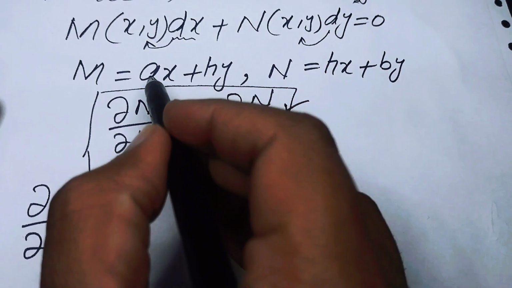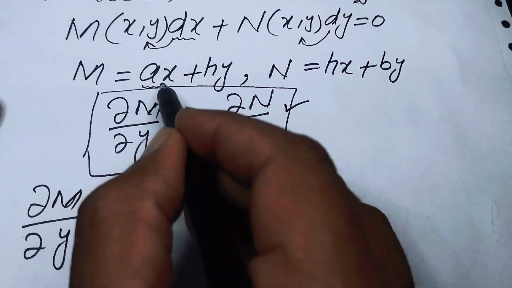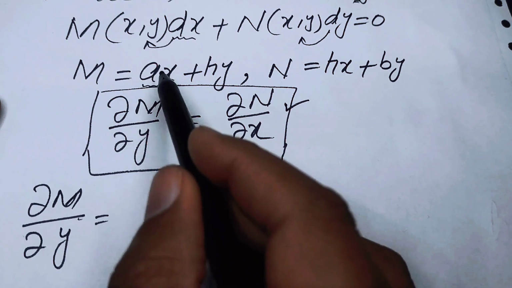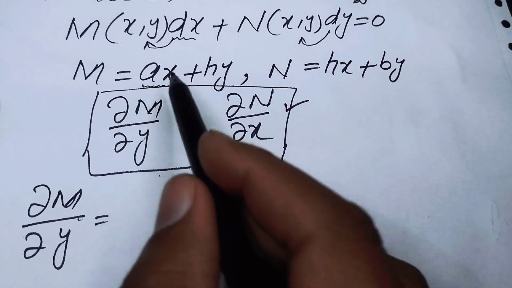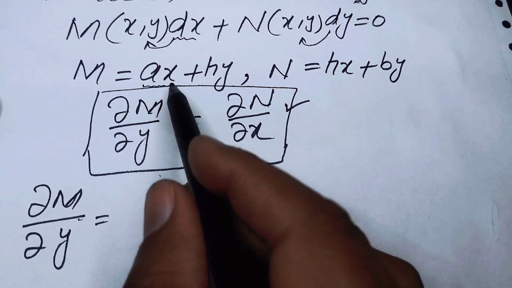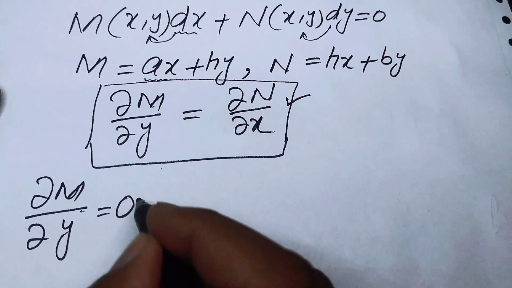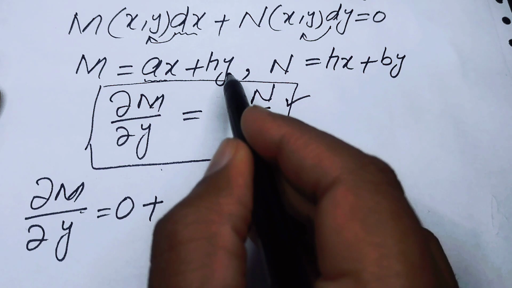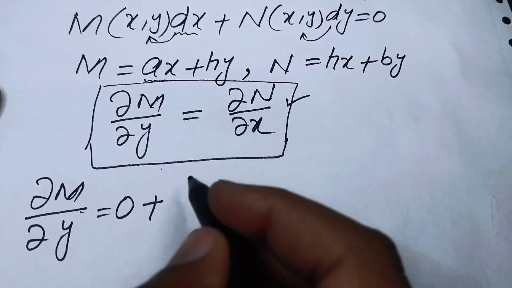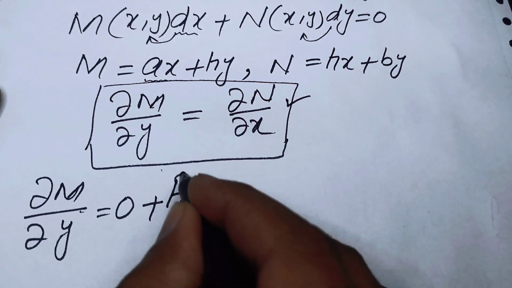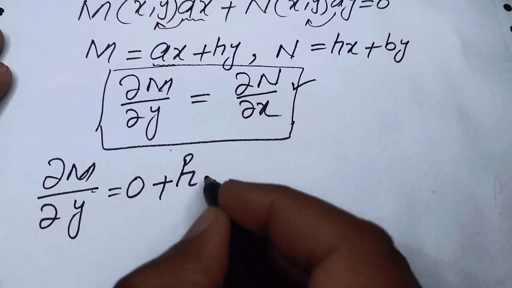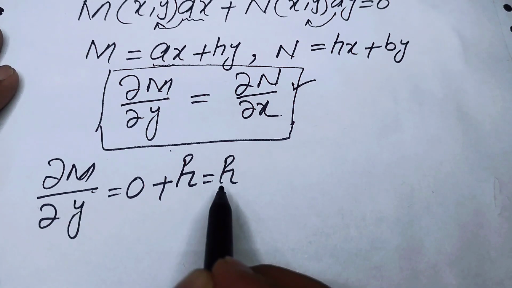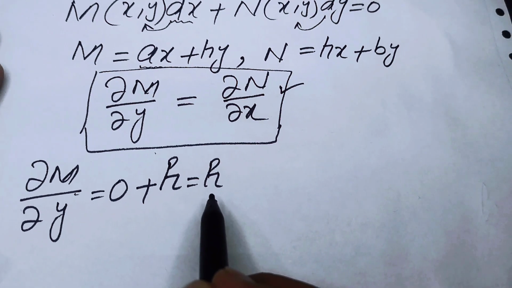Here you have ax, which is considered constant, and the derivative of a constant becomes 0. And the derivative of y is 1, so you get h because h is a constant, and the value of partial M over partial y is h.